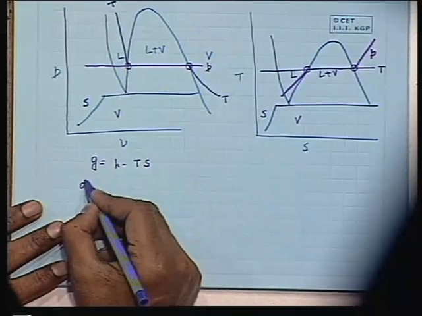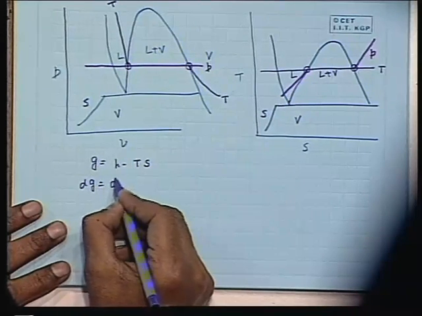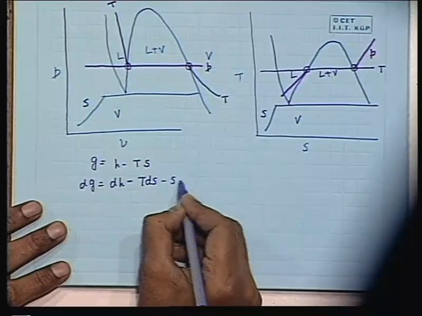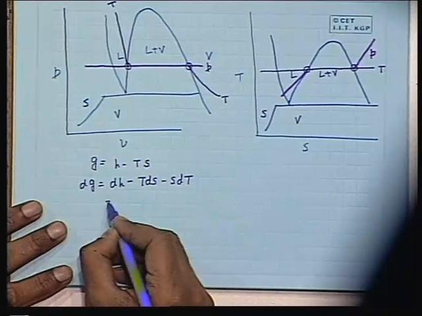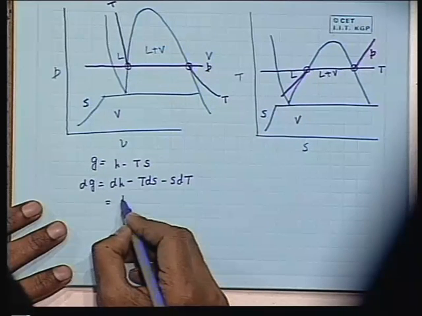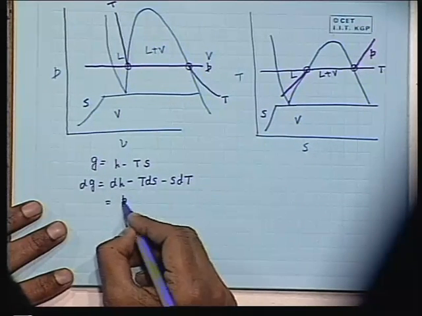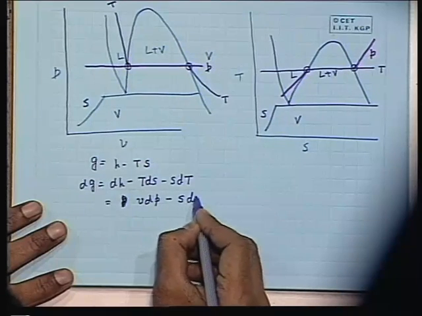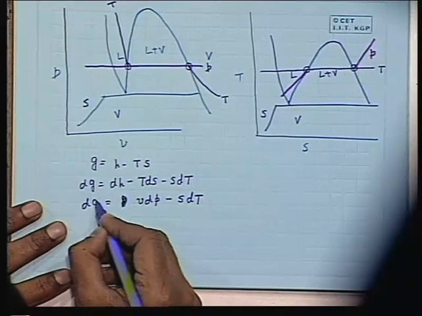Now if you differentiate this, dg is dh minus Tds minus s dT. What is dh minus Tds? It is v dP, I am sorry, v dP minus s dT. This relationship we also deduced earlier.